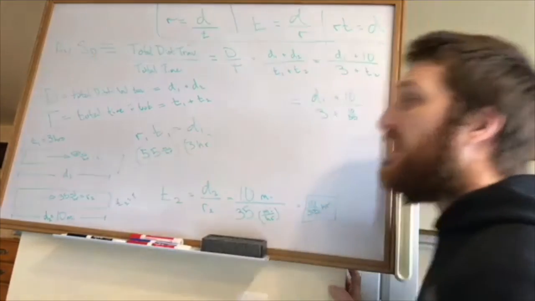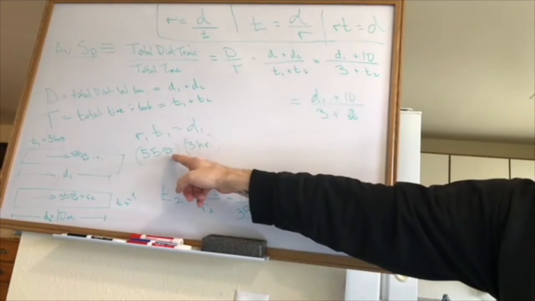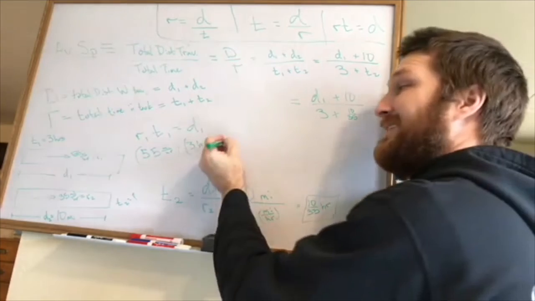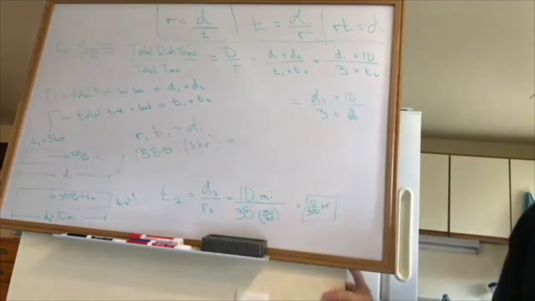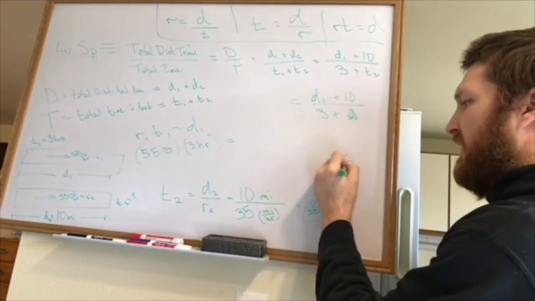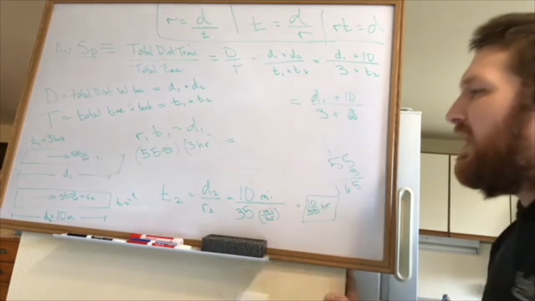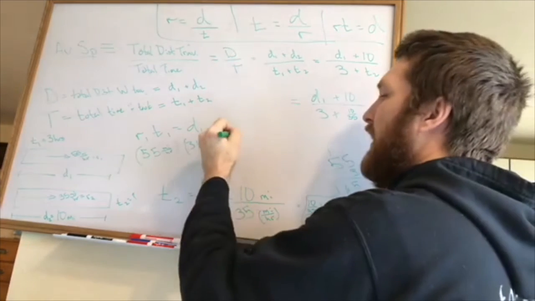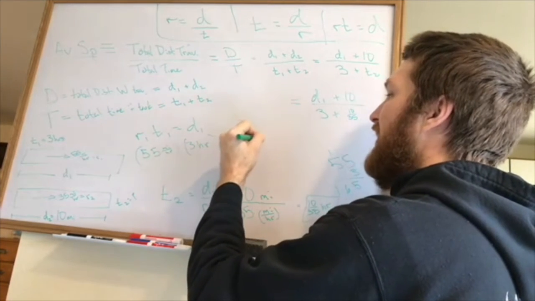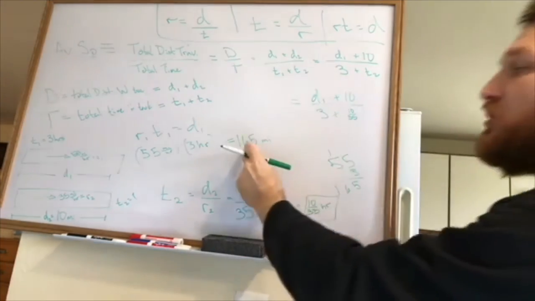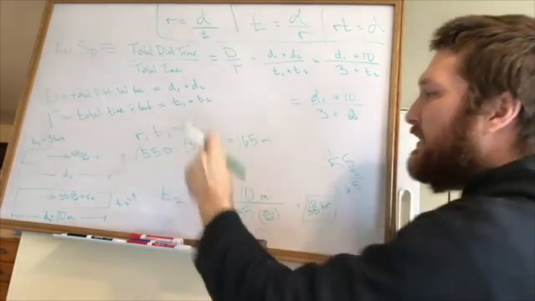And you'll notice that hours in the denominator cancel with hours in the numerator, and you're left with a quantity that's just miles. And whatever 3 times 55 is, 15, and then another 15, so it's 165 miles. Okay, so that is my D1 right there.